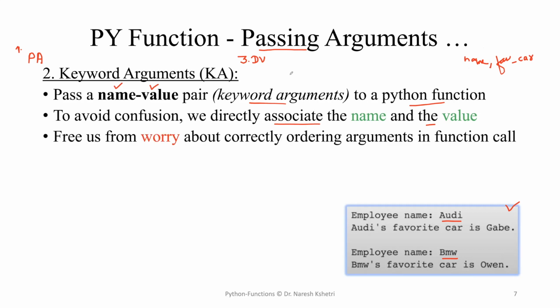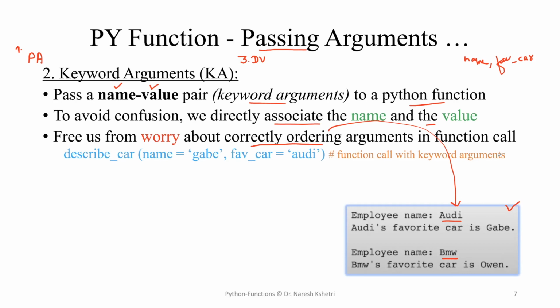Having the keyword arguments frees us from worrying about the order. The order matters, because if it is not correct, we end up in this kind of situation. Earlier, with positional arguments, the values were swapped because both are string values, and Python doesn't know about the logical error.